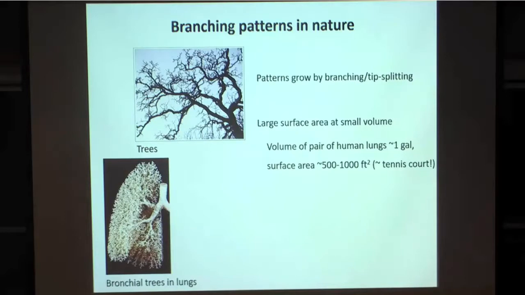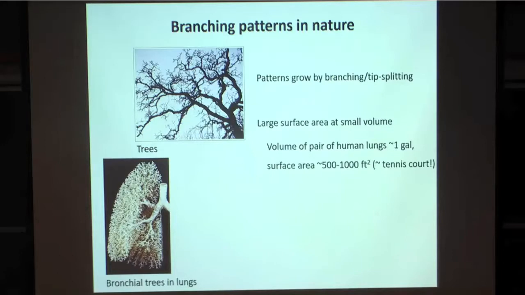Maybe the best way to illustrate how powerful a design protocol this is is to consider our lungs, which are formed by exactly such a branching pattern. The volume of a pair of our lungs is of the order of about 1 gallon. However, the surface area of our lungs is about 500 to 1,000 square feet.